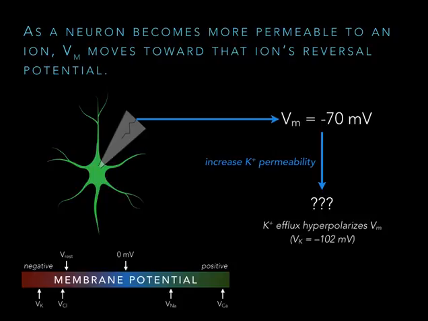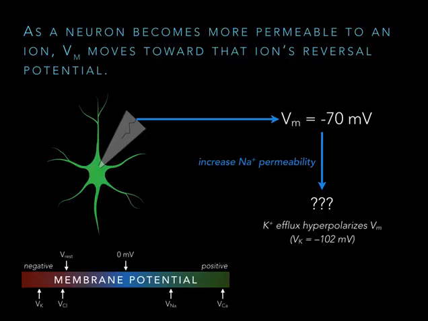On the other hand, let's say that we increase our sodium permeability instead of increasing potassium. Well, if you have a look, you'll see that the reversal potential for sodium is far more positive than our resting value of minus 70. As we increase permeability for an ion, the membrane potential moves toward its reversal potential. It never goes above it or below it, depending on the ion.